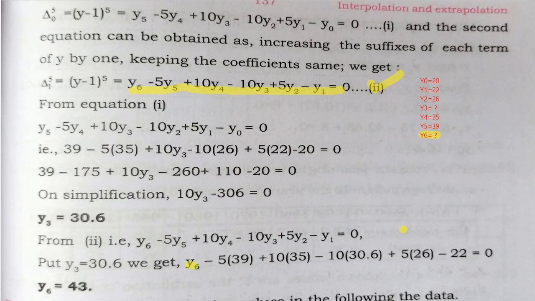Therefore y6 I have written as it is, 5 into, what is the y5 value? 39. 5 into 39. 10 into y4, the value of y4 is 35. Okay, 10 into 35. And 10 into y3, y3 we have identified as 30.6. So 10 into 30.6 plus 5 into y2, the value of y2 is 26.